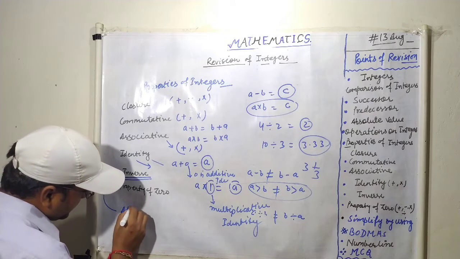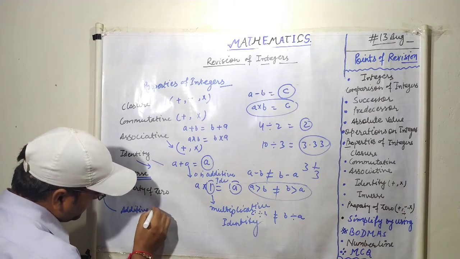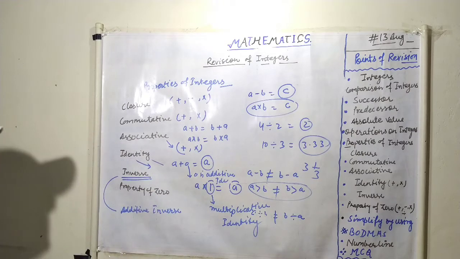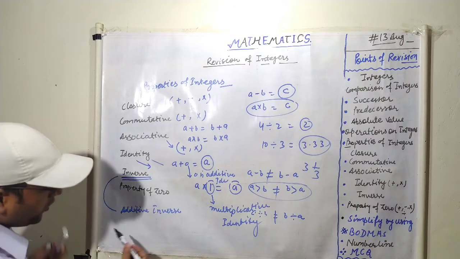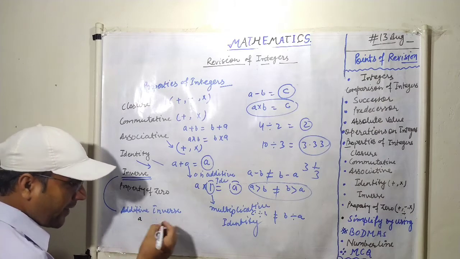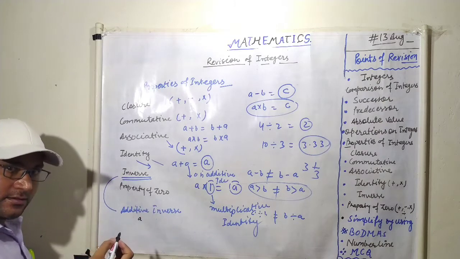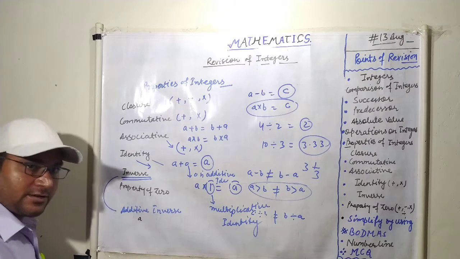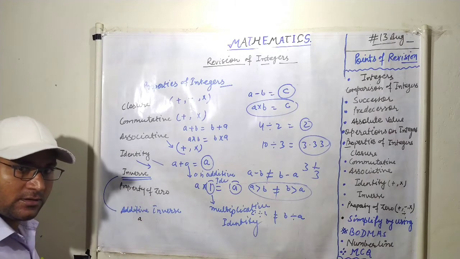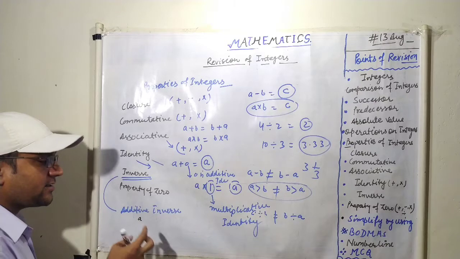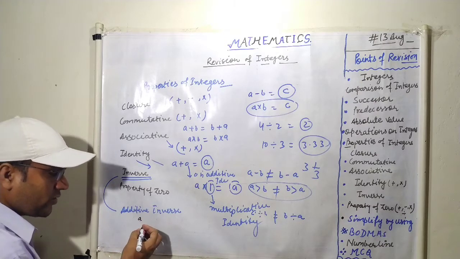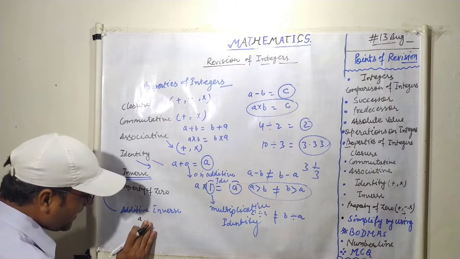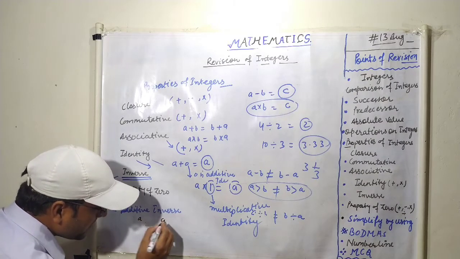Additive inverse: if a is any quantity, and by adding a pair of two integers you get 0, then that other number is known as the additive inverse.